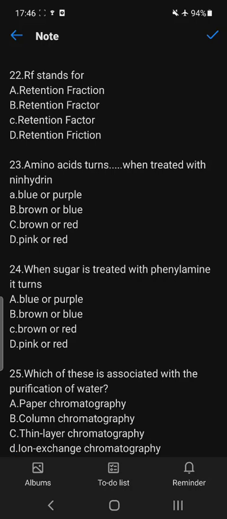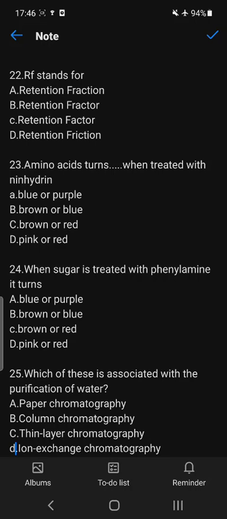The answer is ion exchange chromatography. You know that the ion exchange resin is used to convert the permanent hardness of water to soft water. Ion exchange resin is a naturally occurring complex salt.